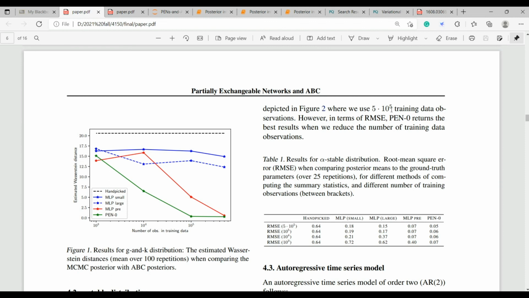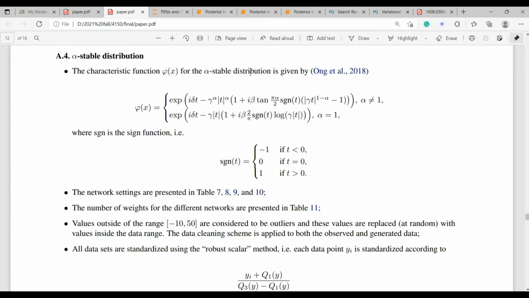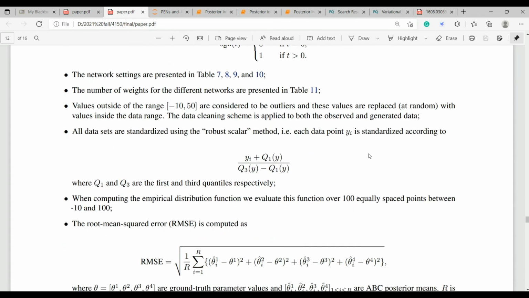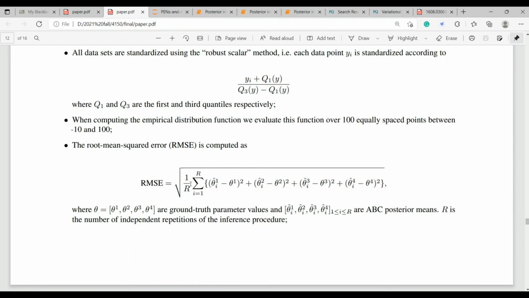We can also see the RMSE formula is just similar to the general squared error function. So the smaller this value is, the more accurate the model.